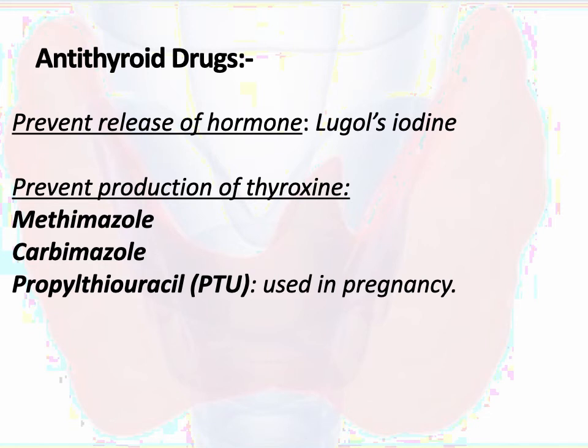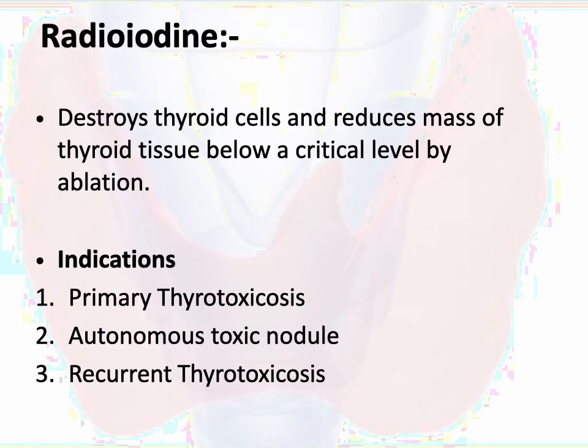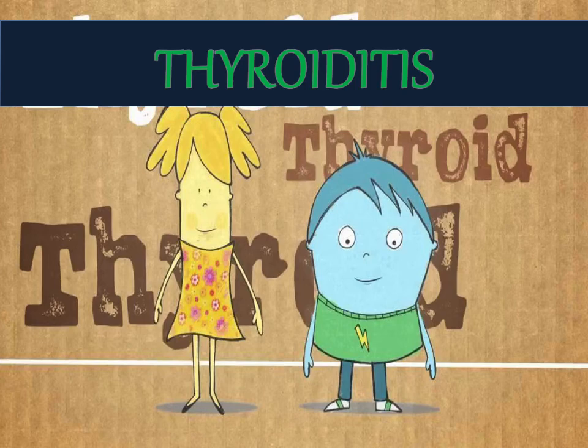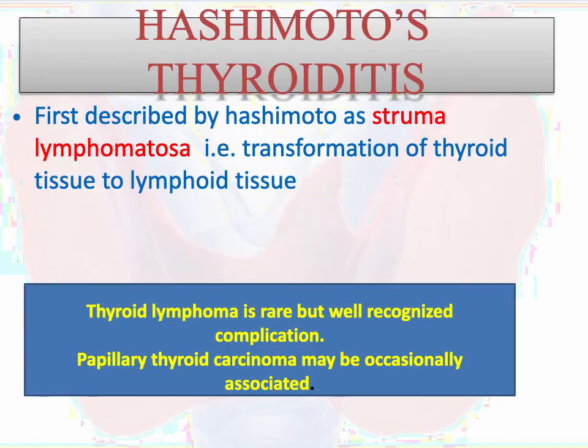Very important, used in pregnancy. Okay, so this is MCQ. Radioiodine destroys thyroid cells and reduces mass of thyroid tissue, where we give it in primary thyrotoxicosis, autoimmune toxic nodule, or recurrent thyrotoxicosis. Now this is thyroid inflammation of the thyroid.